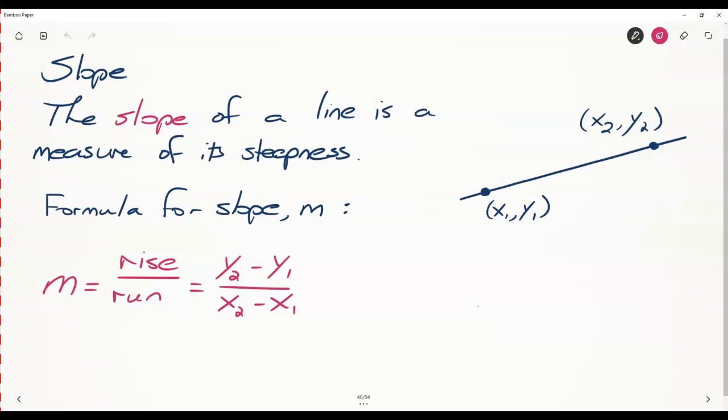It's going to give me the rise, or how much this point has changed in vertical position from going from here to here. In this case, it went up as we go from left to right. But it's possible for it to go down or for it to go straight across.